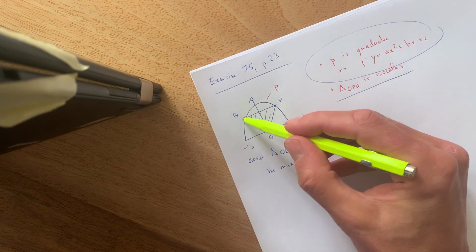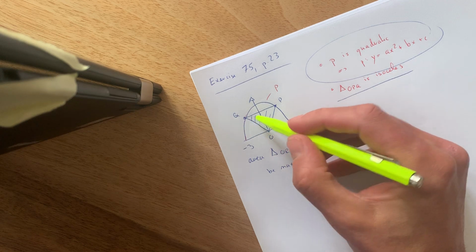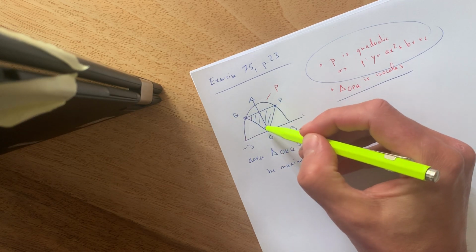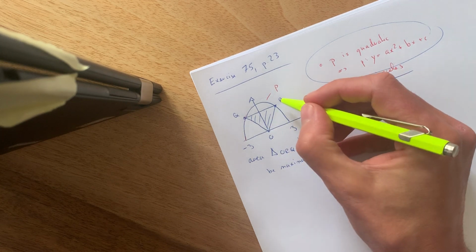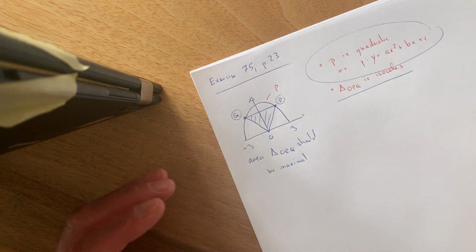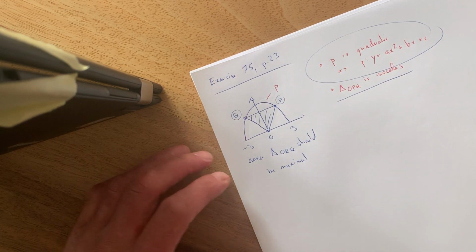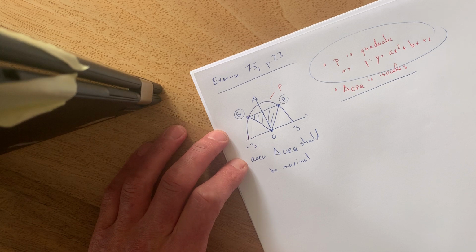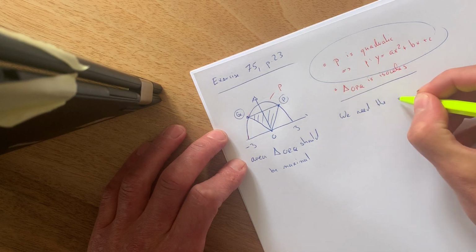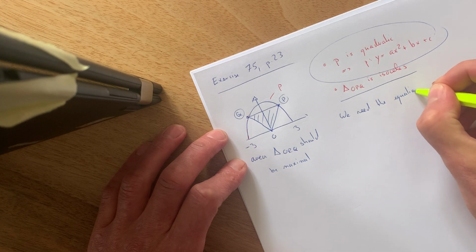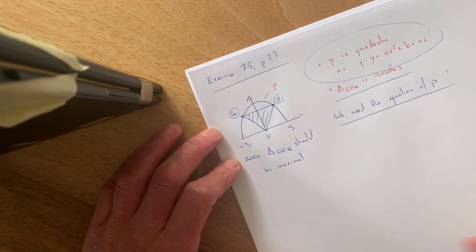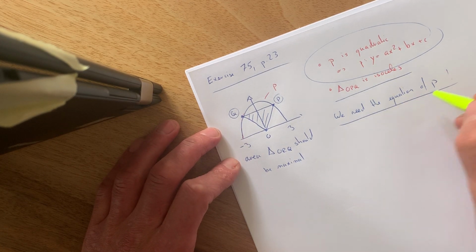If you consider the situation, we need to find a way to express the area of this triangle somehow. And in order to be able to do that, we need to know something about point P and about point Q. And this means we need the equation of the parabola. We need the equation of P. So let's see, what do we know about P?